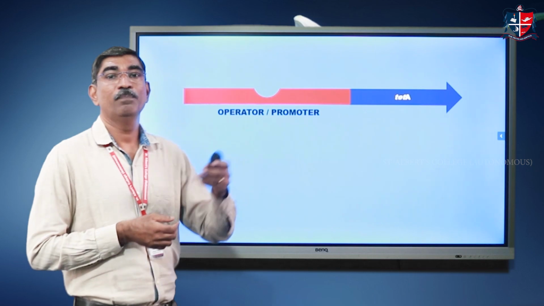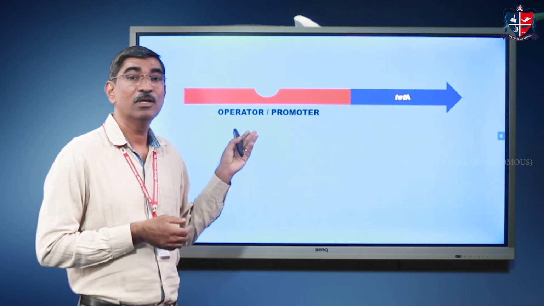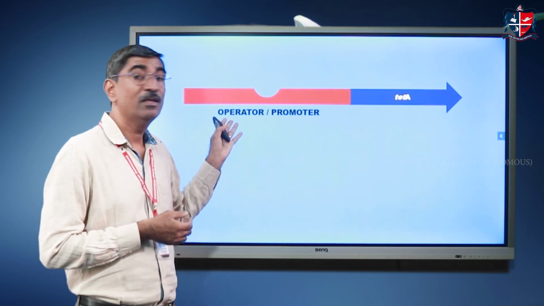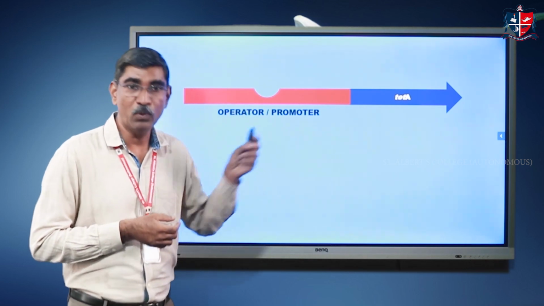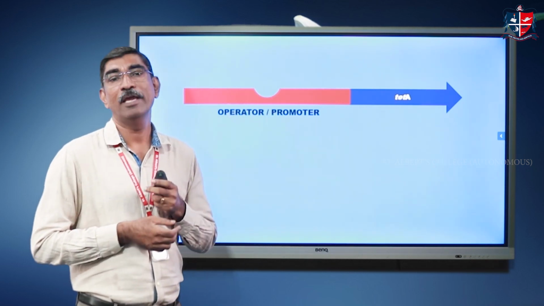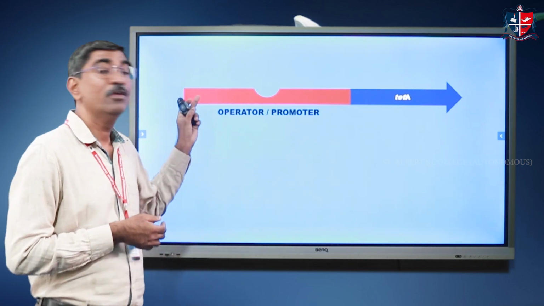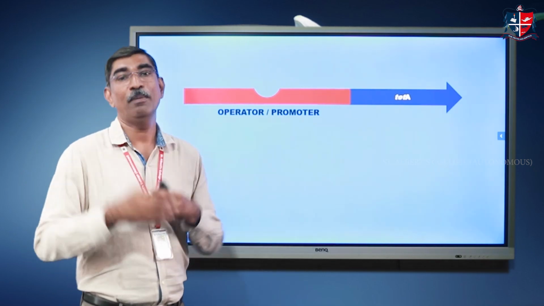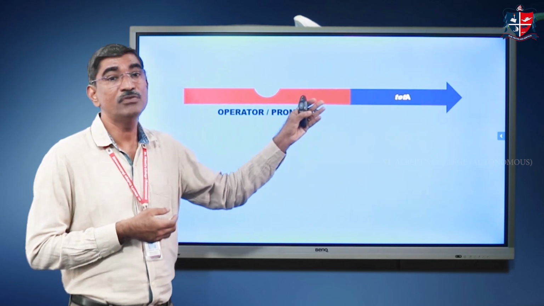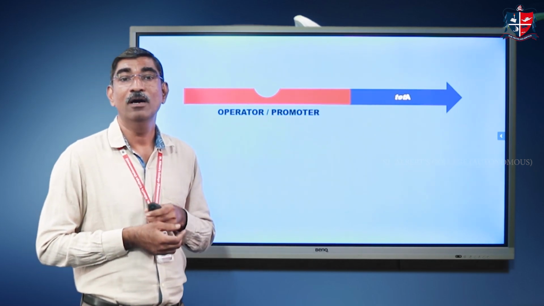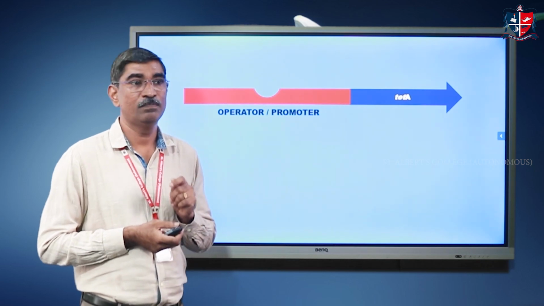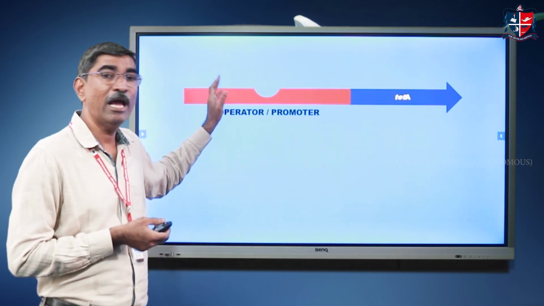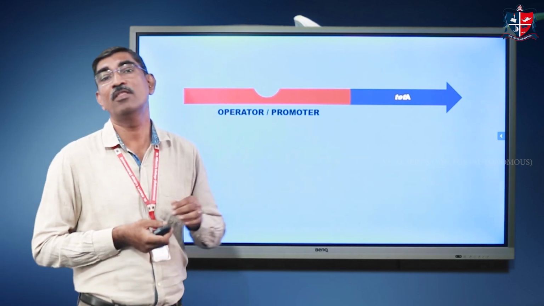This is the diagram of a general operon. Here you can see an operator, then a promoter, and the associated genes. And here you can see that this operator and promoter regions in the DNA are overlapping. And downstream of the promoter, you can see the associated genes. Here I have included only the tetracycline A gene. You can have the tetracycline repressor gene also.